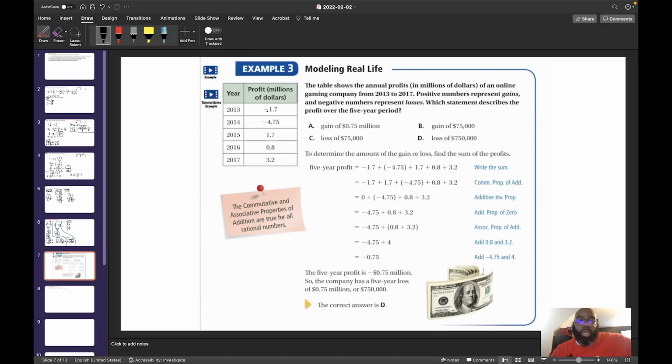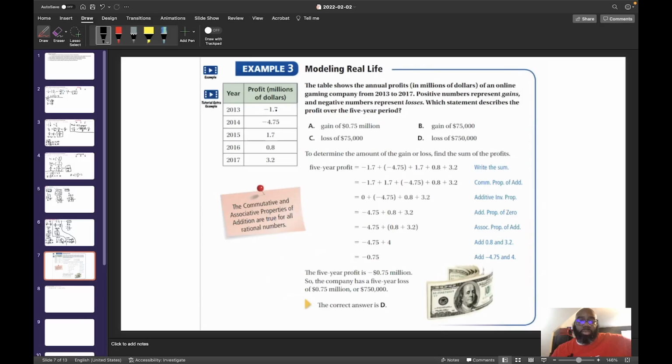So the first year we had a negative 1.7. Then going to the second year, we lost another 4.75. Then we gained 1.7. Then we gained 0.8. Then we gained 3.2. So what does that math look like? Oh, there it is. They're showing us right here. So you start with negative.